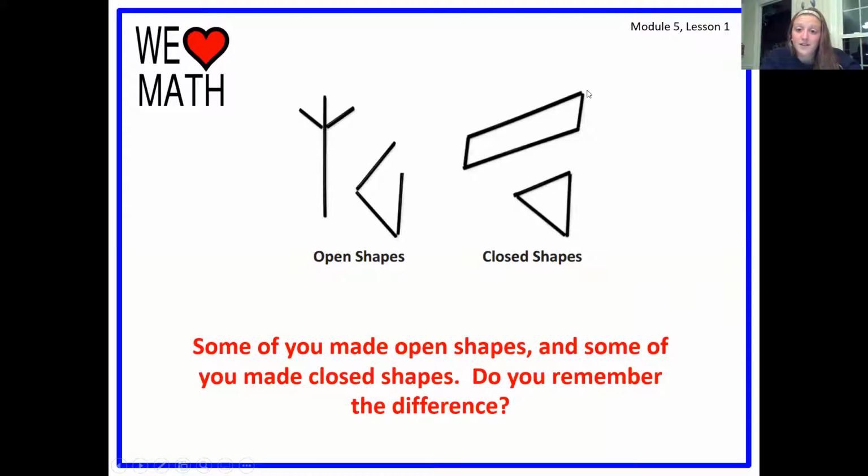All the straws touch each other and there are no openings or gaps in the lines. Down here as well for this one, there's no gaps. Over here, this one just kind of looks like a Y kind of thing or a fork kind of thing. This one, there's this big opening right here. So it's a gap. So it's an open shape. So some of the shapes that I made were closed and some of them, like this, were open.